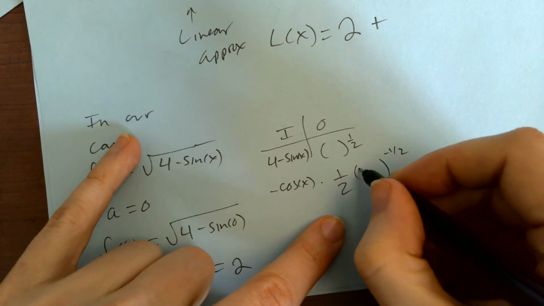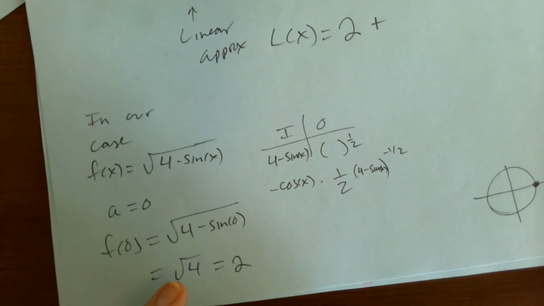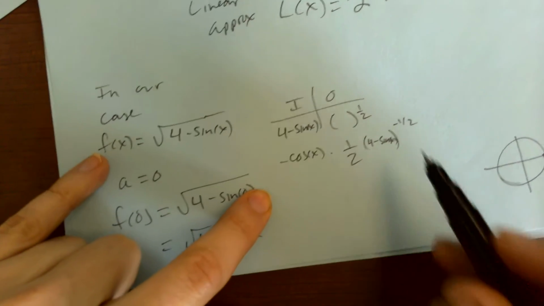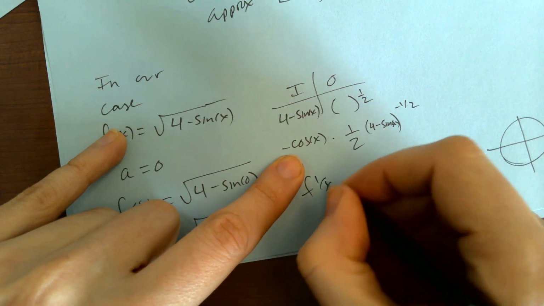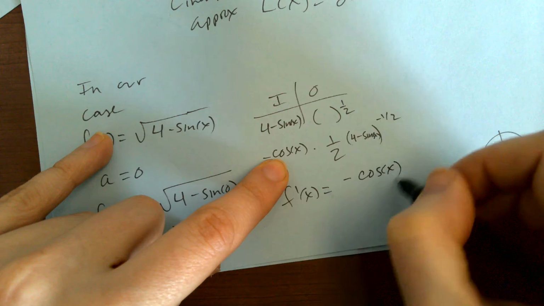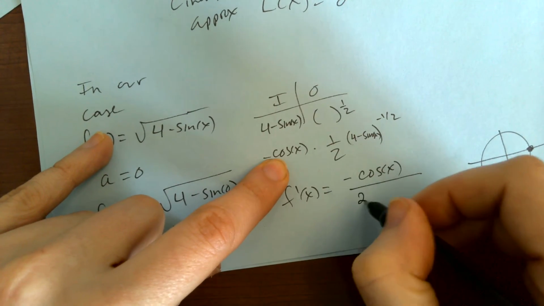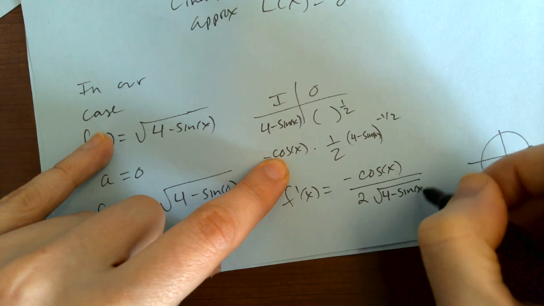And then what goes back in here is 4 minus sine of x. So guys, what this ends up being, and if this doesn't make sense to you, please think about it. This needs to make sense. This ends up being negative cosine of x over 2 radical 4 minus sine of x.